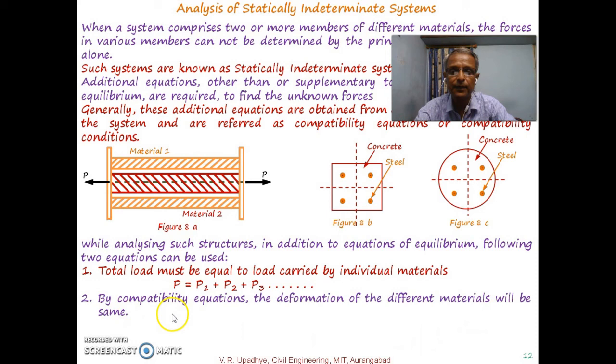And by the compatibility equation, the deformation of the different materials will be the same. So what is the meaning of that? If you consider this column, whatever deformation of concrete is taking place, the same deformation of steel reinforcement will take place. So deformation of different materials will be the same. Now you know that delta L is equal to PL over AE for a particular material. If total force is P, out of that P1 is taken by material 1, and the length is the same over here.